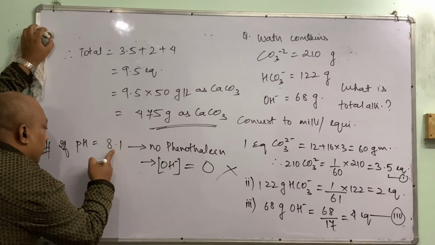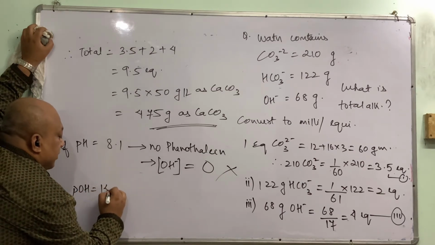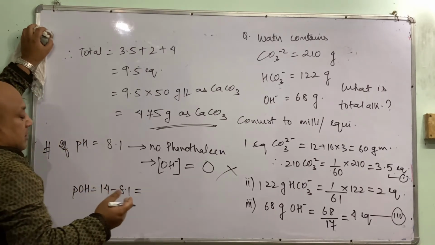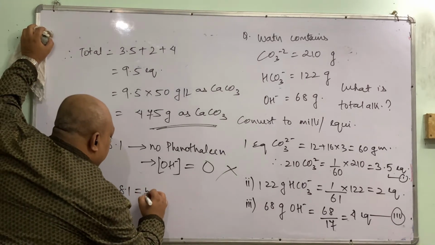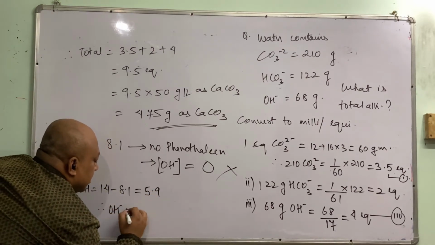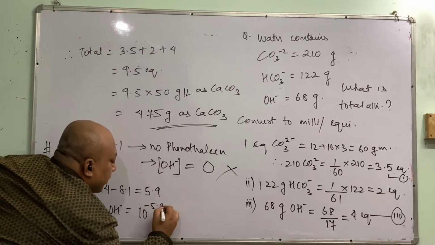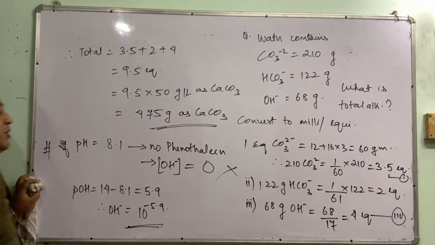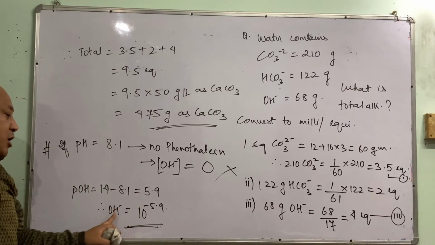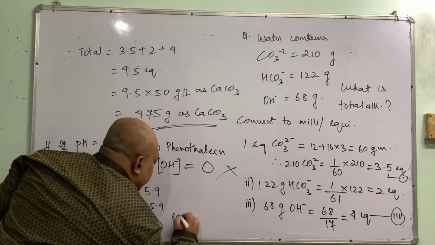So pH is 8.1 means pOH is 14 minus 8.1, which is 5.9. Therefore, OH is 10 to the power minus 5.9. If pOH is 5.9, OH will be 10 to the power minus 5.9. This is the molar concentration.